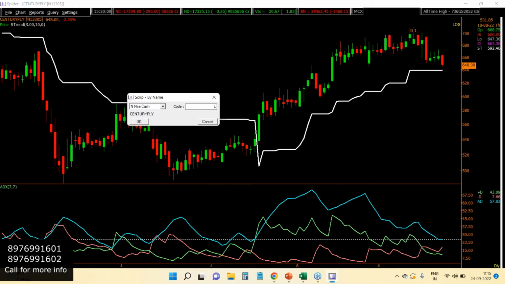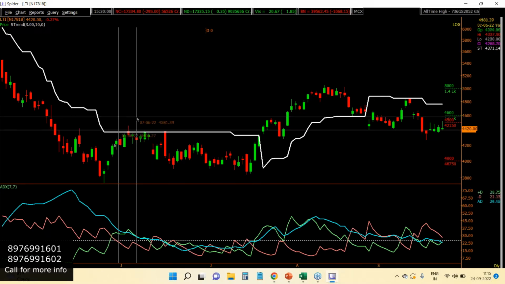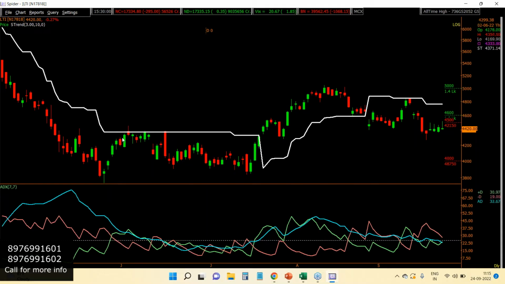If I take, for example, LTI, see, this is the thing I was talking about regarding the sideways. From this point to this point, the ADX was completely sideways. Also, the price is sideways, trading only in a range.